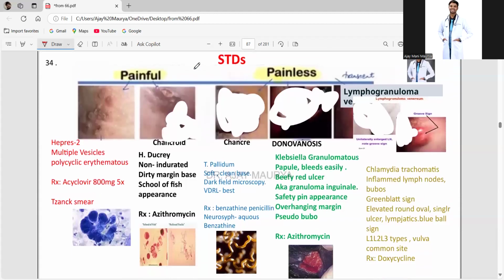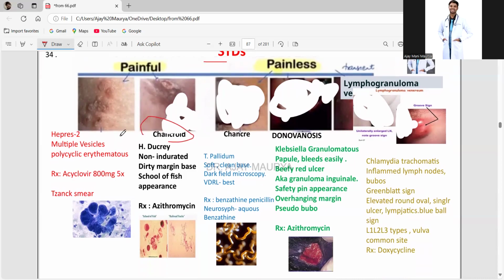So those are the STDs. We have two types: painful and painless. Painful ones are herpes and chancroid. Chancroid is caused by Haemophilus ducreyi, and it is painful.